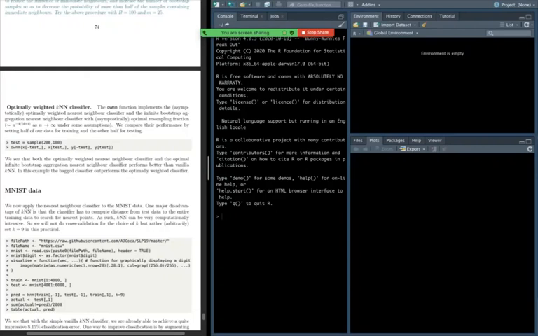But that's not the case for this optimally weighted nearest neighbor. It is optimal given the regularity that is assumed to construct it. So it is a bit misleading to call it optimal, but that's how it was introduced in the literature.